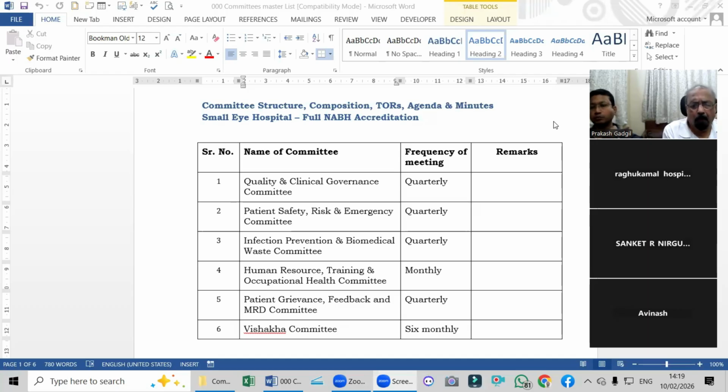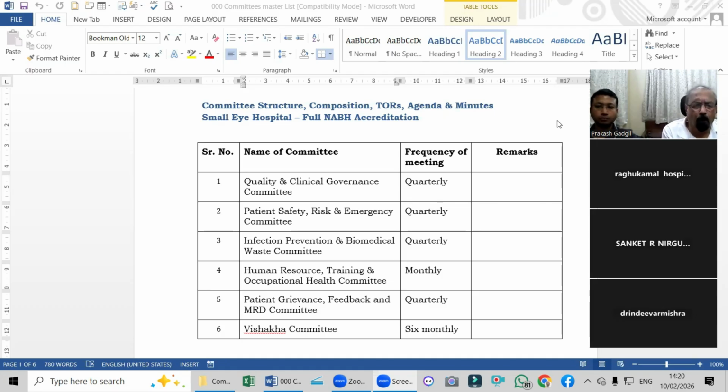So the Vishaka committee will have one external member, and the Vishaka committee's members you will have to declare at the nursing station or somewhere where all employees can see who they are. Names of Vishaka committee members and their telephone numbers both have to be there.